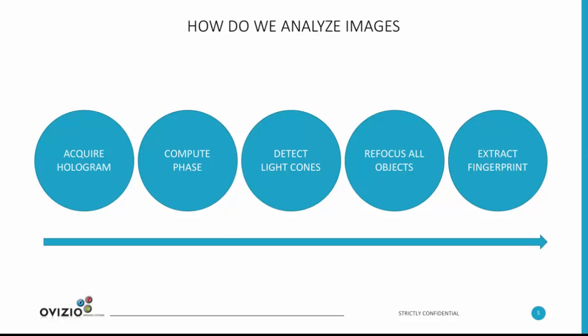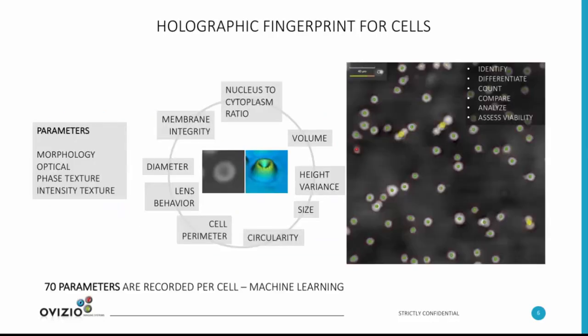That holographic fingerprint of a cell is the basis where we base our algorithms on. So the holographic fingerprint of a cell is a combination of 70 parameters that are recorded on a single cell level. And it's a combination of morphological, optical, phase texture, and intensity texture parameters. So some of them are listed on the slide.